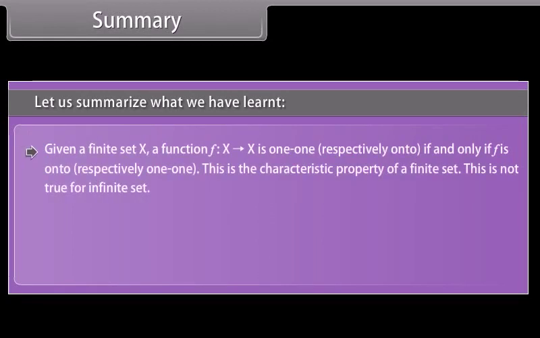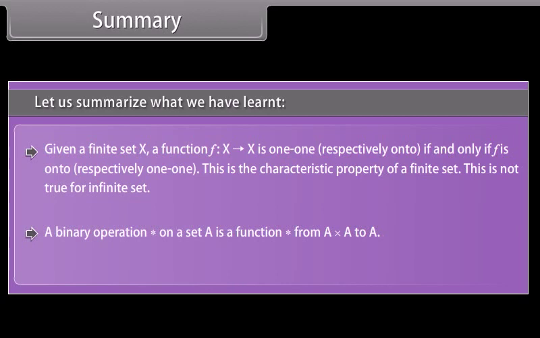Given a finite set X, a function f from X to X is one-one, respectively onto, if and only if f is onto, respectively one-one. This is the characteristic property of a finite set. This is not true for infinite set. A binary operation star on a set A is a function star from A cross A to A.